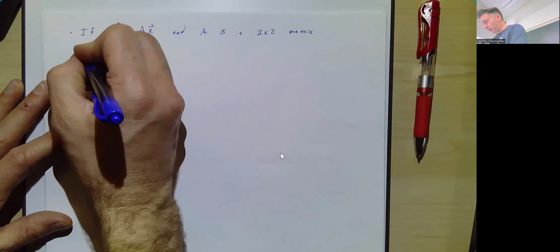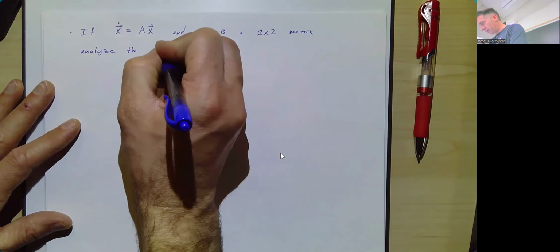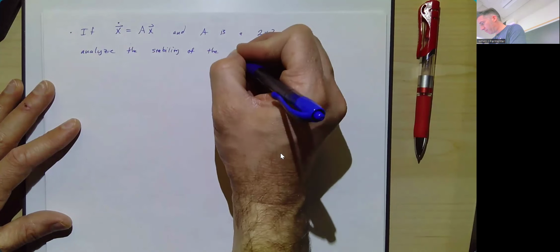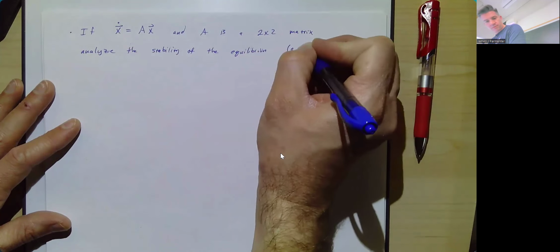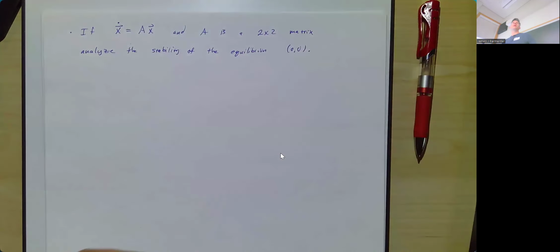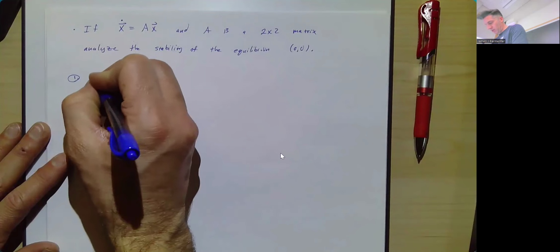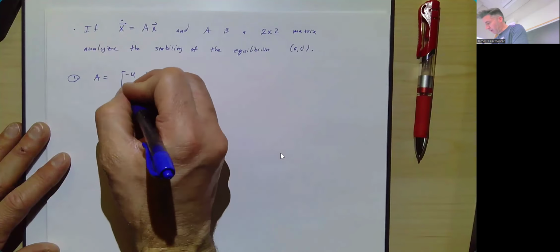We're going to analyze the stability of the equilibrium 0, 0. Basically, is it a sink, is it a source, or is it a saddle? So let's say our first matrix is A equal to -4, 2, -5, 3.